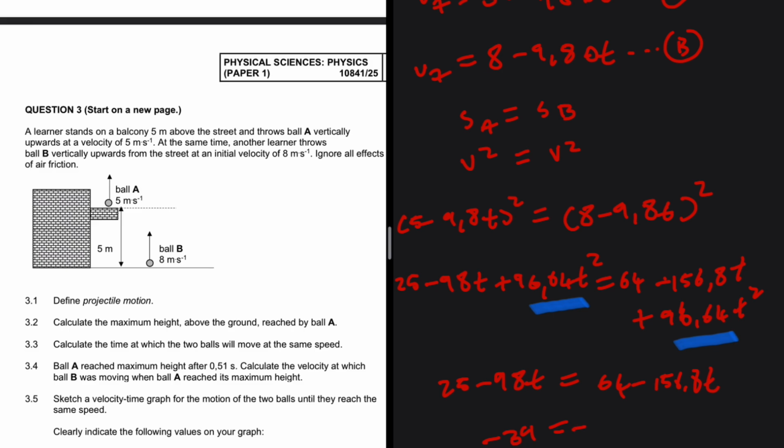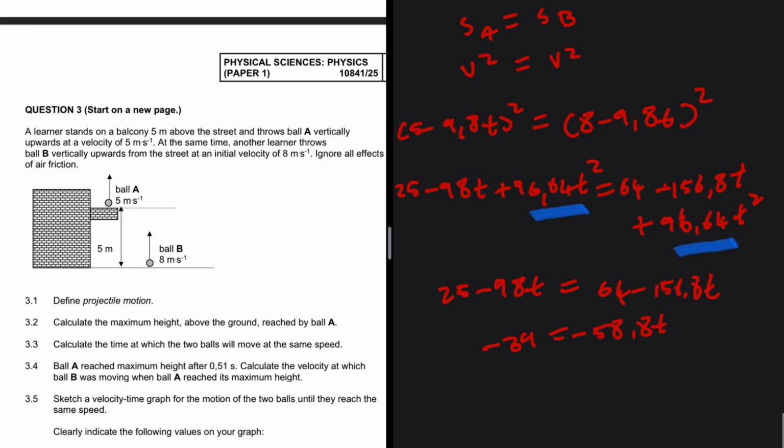That is minus 58.8t. So 39 divided by 58.8, that is 0.66 if we round it off to 2 decimal places, right? 0.66 seconds is equal to t. So that is the answer. That is the time at which the two balls will move at the same speed.